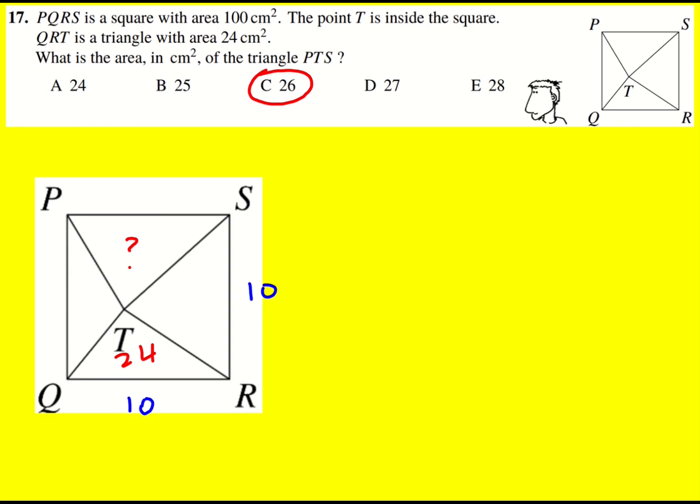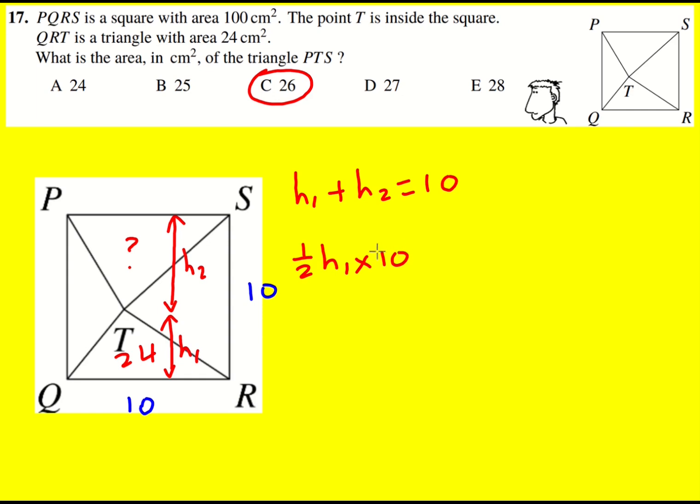I'm going to go through this in a bit more detail if you're not happy with that. We can label the heights of the triangles h1, h2. Note that h1 plus h2 equals 10. Okay, that's a little condition we'll use later on. Now, the area is normally a half base times height, so let me do that again.